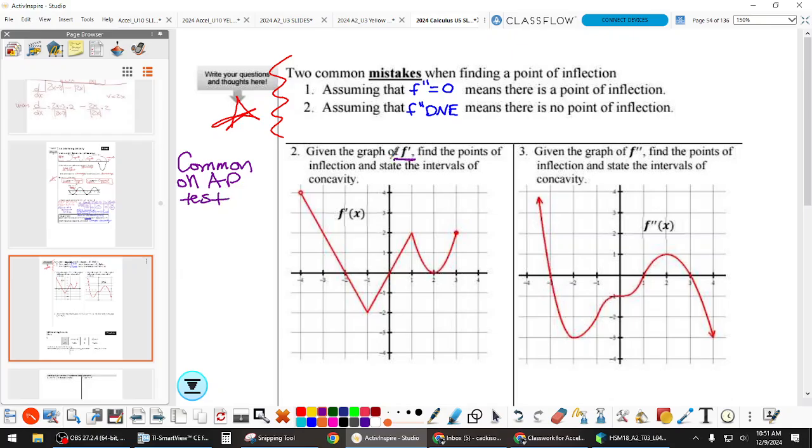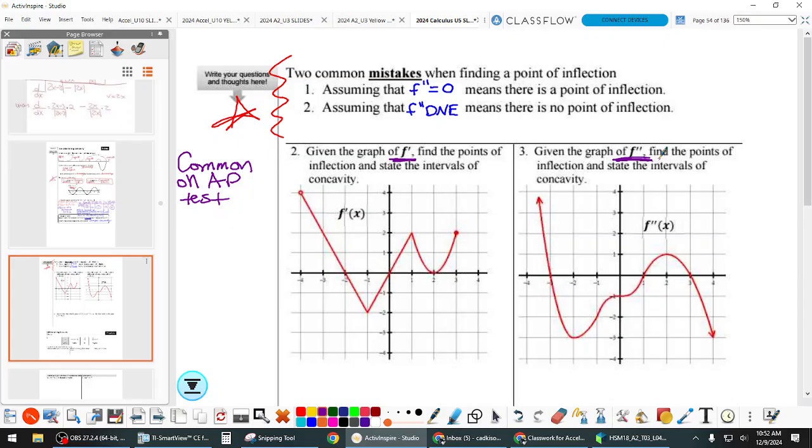So we're either given f prime or f double prime. Before we even do it, what are we looking for on f prime to know if there's a point of inflection? Change of slope. Okay, the sign of your slope. So like from going down, yeah, from increasing to decreasing or vice versa.